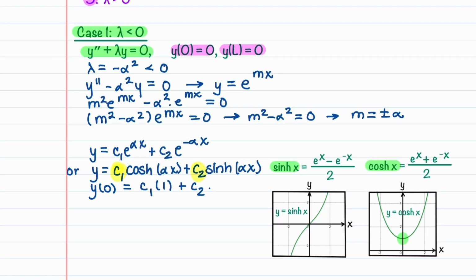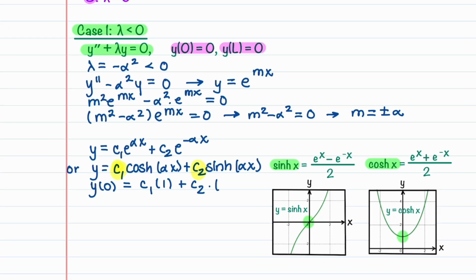Sinh of 0 is equal to 0. And if we look back up to the top here, we see that y of 0 is equal to 0. So we'll set this equal to 0, and that tells us that C1 is equal to 0. We now have that y is equal to C2 times sinh of alpha x.